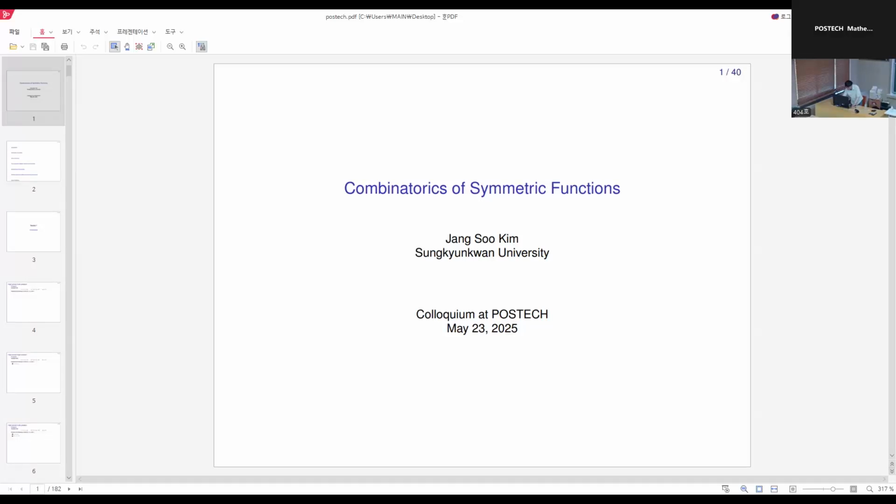So you're not talking about the Littlewood-Richardson coefficients for Schubert polynomials that are indexed by elements of the symmetric group. Oh, yeah. Right.